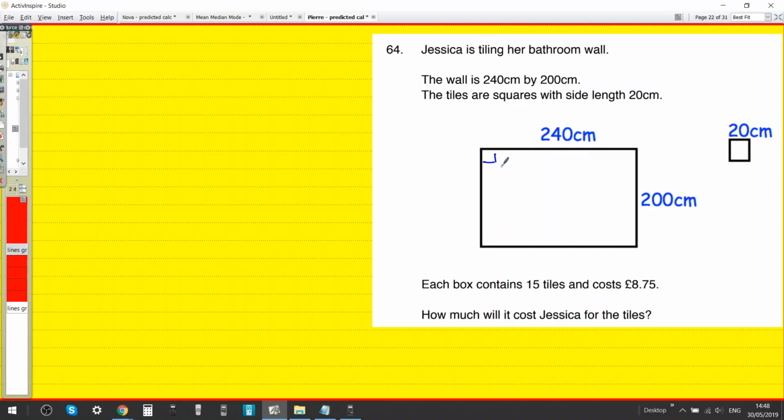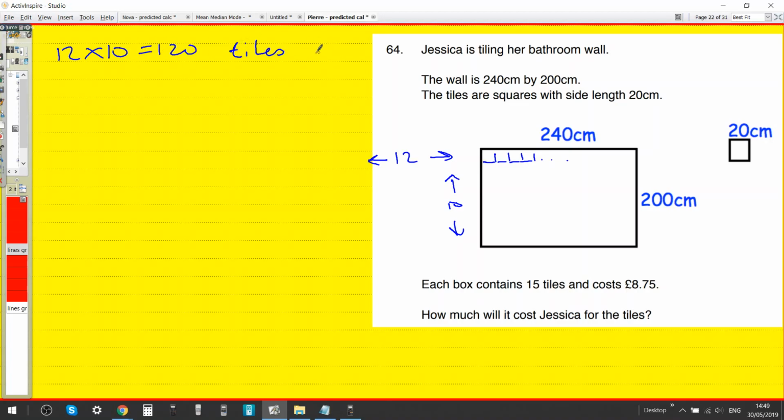How many of those tiles could you fit across? 12, so it's 12 going that way. And then how about up and down? 200 divided by 20, which is 10, so you've got 10 going down. And then 10 times 12 is 120. So it's 120 tiles in total.